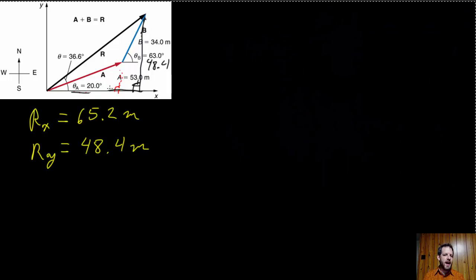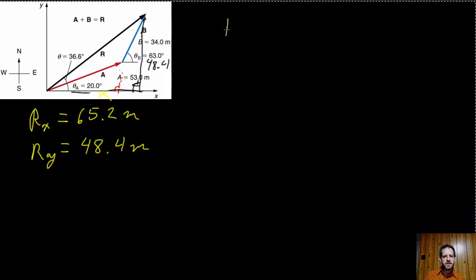I drew on there what we have. So we have this side of a right triangle, and we have this side of a right triangle. If you know two sides of a right triangle, you can find the third using your favorite thing. You can use Pythagorean theorem, right? So a squared plus b squared equals c squared. So that would be the square root of this squared plus this squared, right?